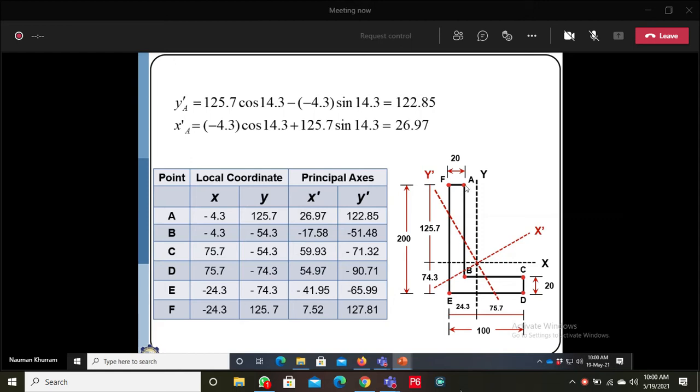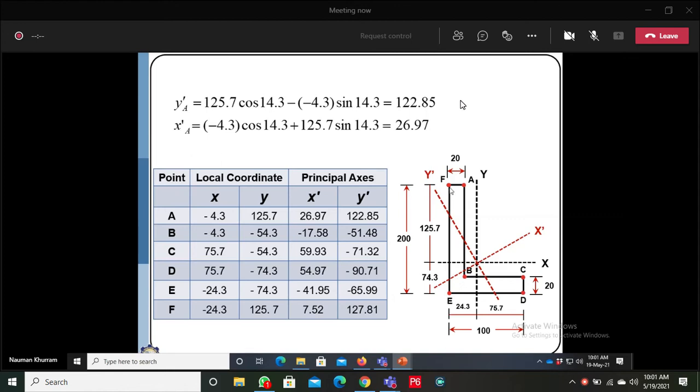So 24.3 minus 20 is the distance of point A from the y centroidal axis, along the x centroidal axis, which will be 4.3. I have put this value with its quadrant sign, because in the second quadrant the x value will be negative, and in the third quadrant the x coordinate of point B will also be negative.